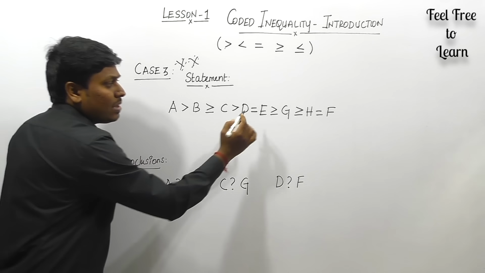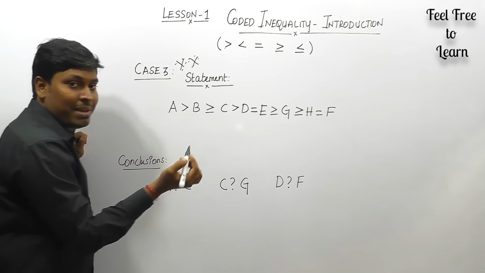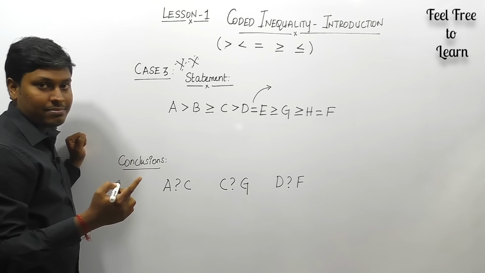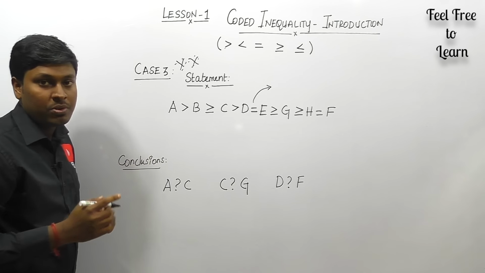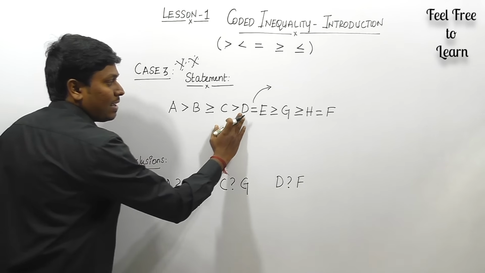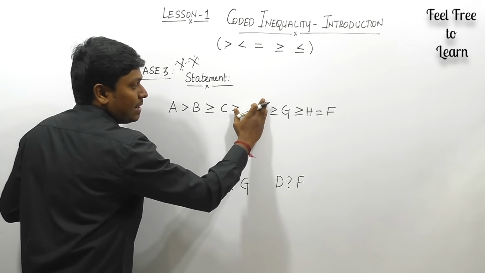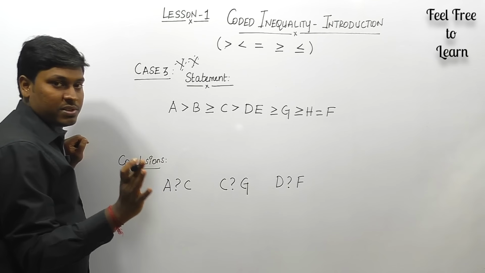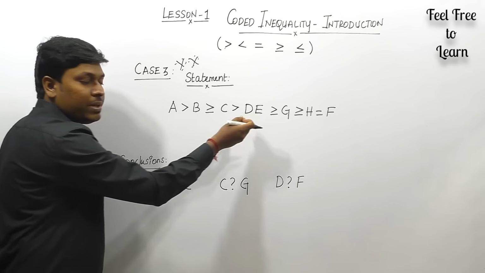Most of the students make a mistake because of this equal to symbol. While comparing the relationship between the elements, if you find an equal to symbol, better rub this equal to symbol and write this as D and E. You will get the answer correctly. So friends, got it? D equal to E, both are same.